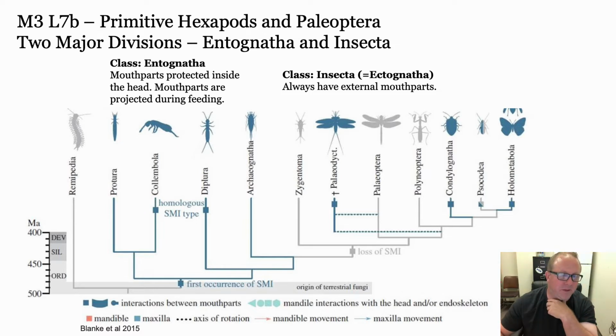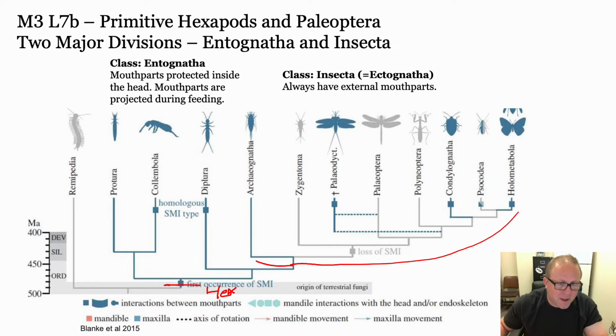Another way that people try and break it all up, so like I said, here are the hexapods. I need to get a little better system here. Protura, Collembola, Diplura, right? Those are the Entognatha, mouth parts protected inside the head. And you should know that, class Entognatha. So Hexapoda is really a superclass, probably. It's between phylum and class. And then we have class Insecta, right, which is all these.